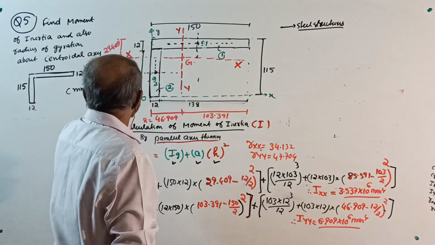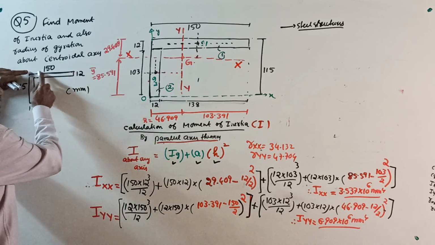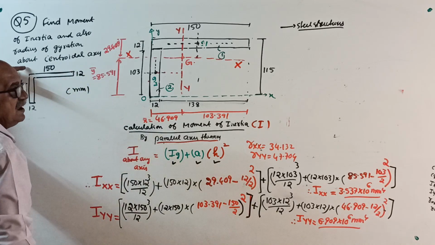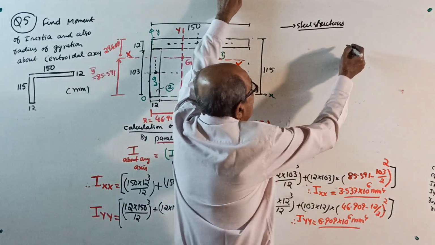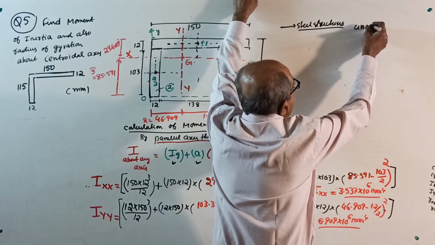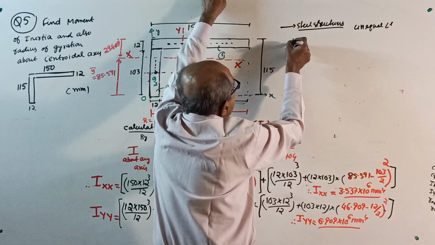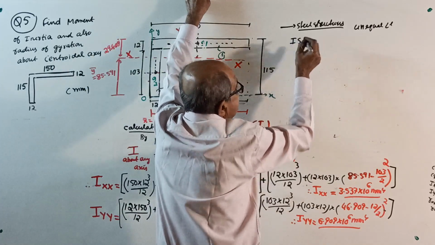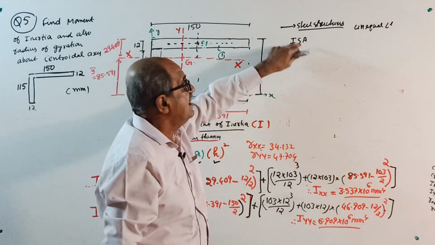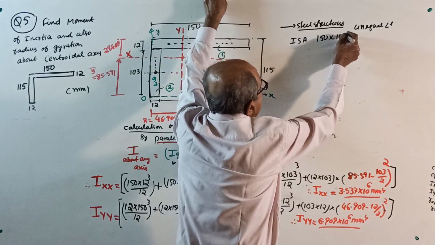Okay. Now, see, this is an angle, one side 150, one side 115, thickness 12. This is called an unequal angle in steel structures. This particular angle is there under the name ISA, Indian Standard Angle, 150 by 115 by 12.